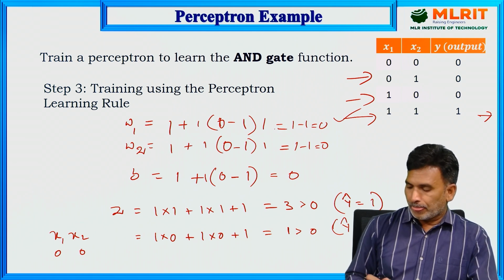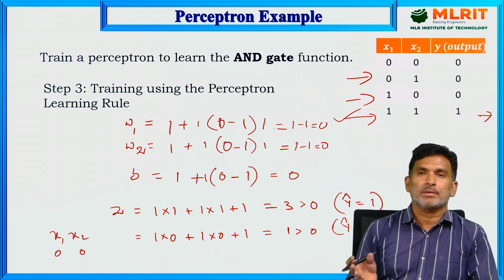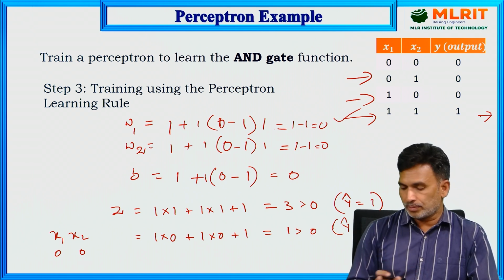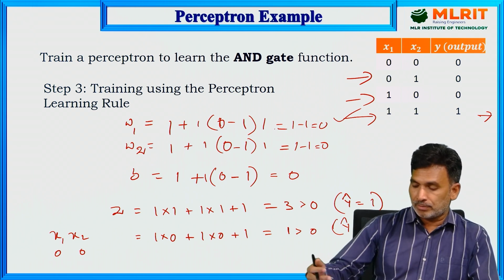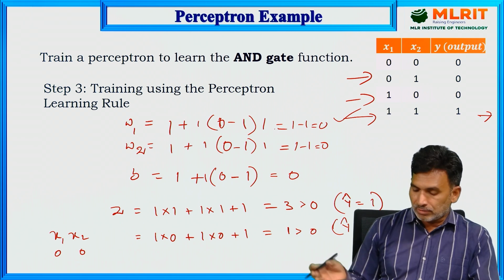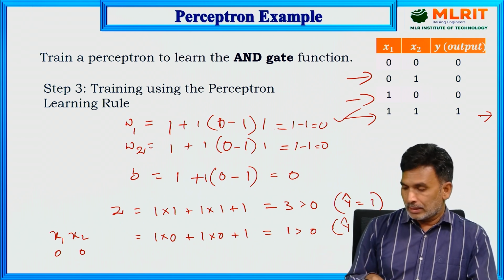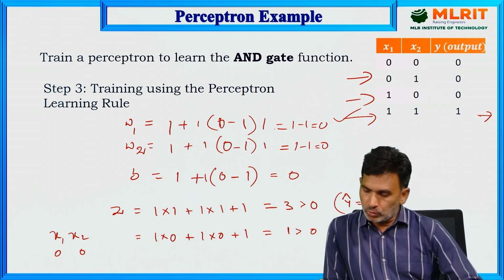So then if it becomes 0, the previous weight and the bias values remain the same. So I think it will enter into this kind of a loop. So what could be done here?